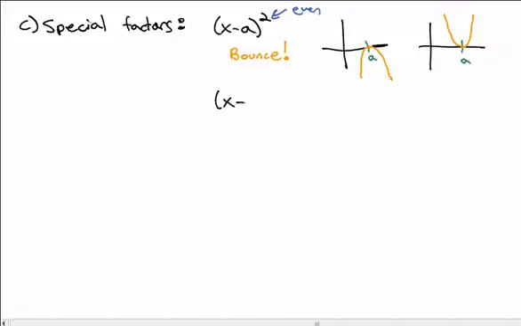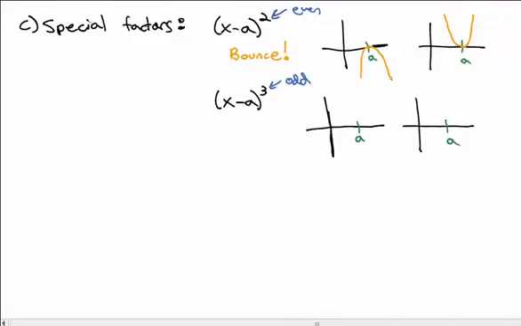Another one similar to that, if I have (x minus a) cubed, or really this works for any odd exponent, depending on which direction we're coming in from. Again, a is the 0. If we're coming in from the bottom, the cubed is actually going to make it level out and flatten.